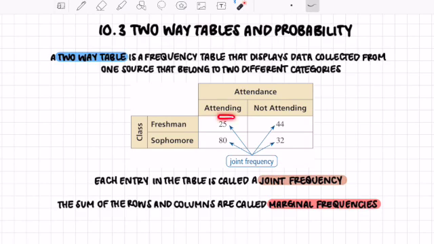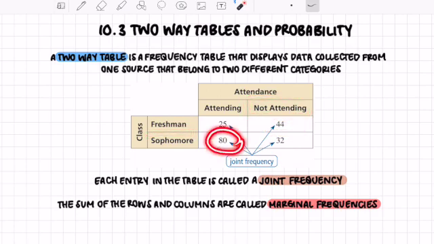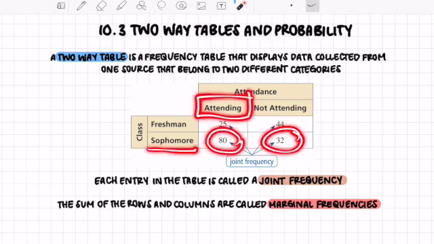So, for example, 25 means that we have the freshmen and the attending, which if I were to write it in a sentence, I would say that 25 freshmen attended an event, while 44 freshmen did not attend an event. If I look at the sophomores, 80 sophomores attended the event, but 32 sophomores did not attend the event.